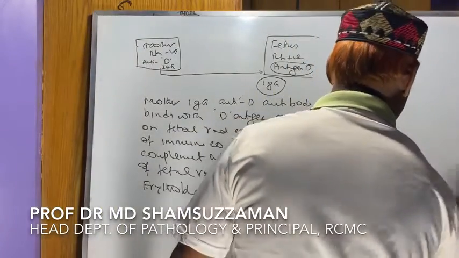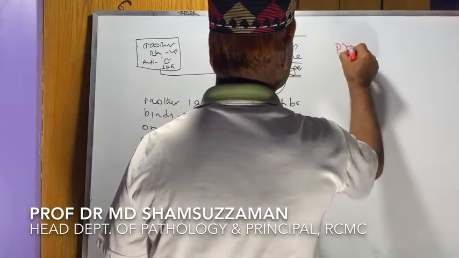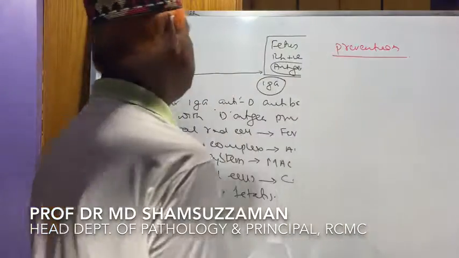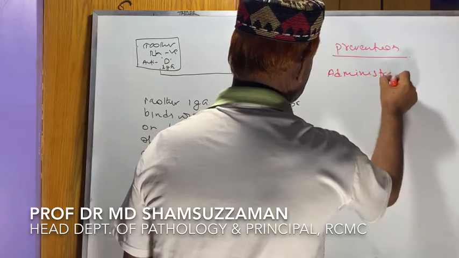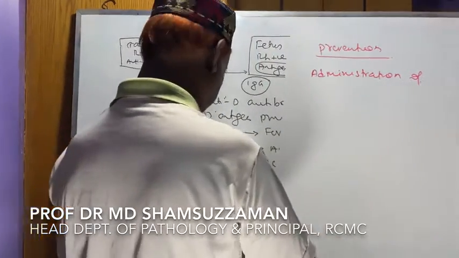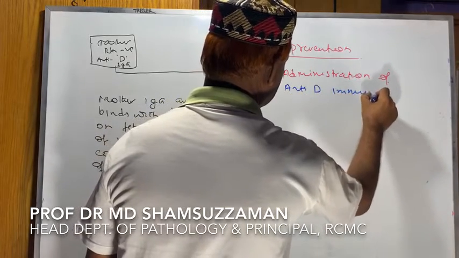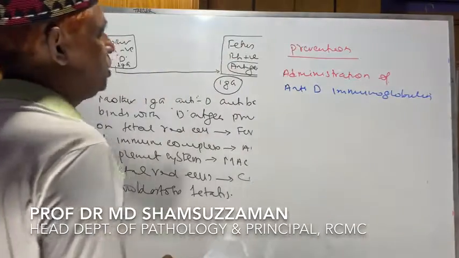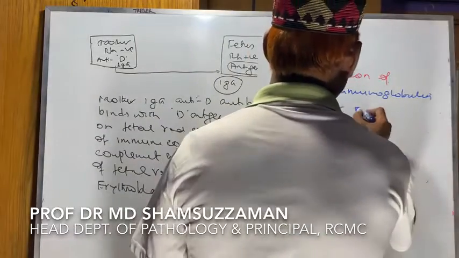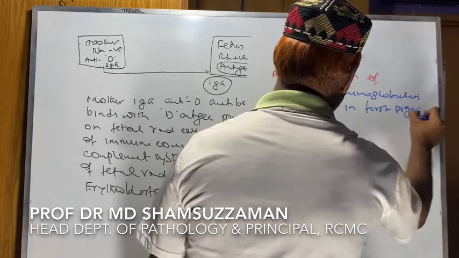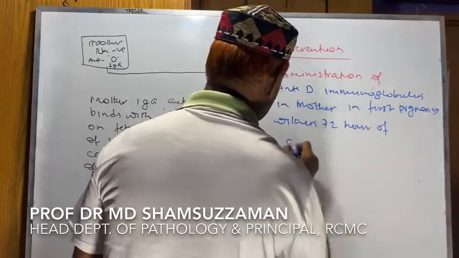Now come to prevention of such type of Rh incompatibility. Administration of anti-D immunoglobulin in the mother in the first pregnancy, within 72 hours of delivery.